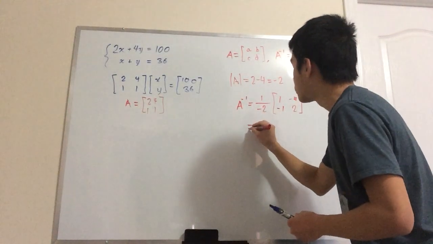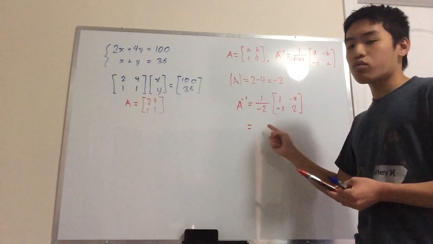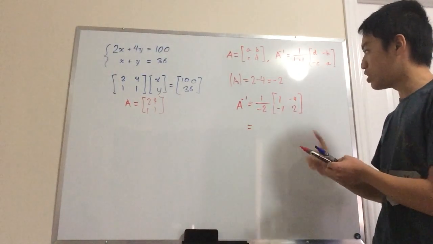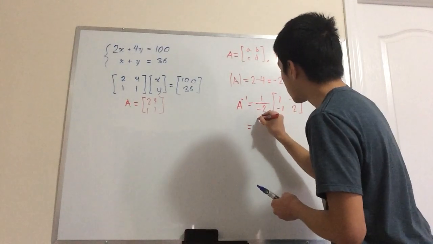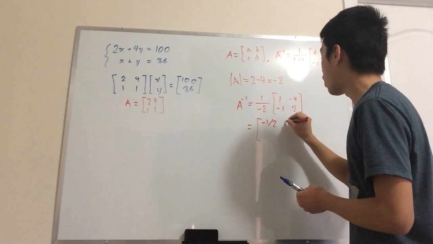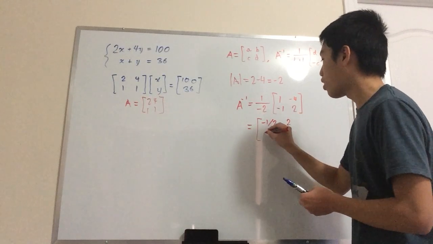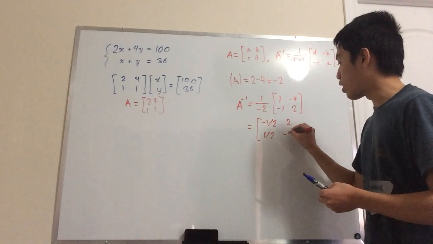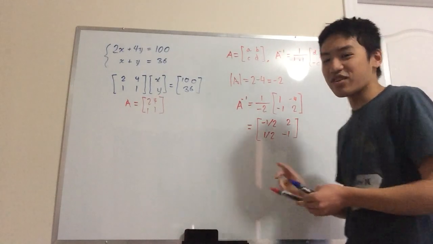Now, because 1 over minus 2 is just a scalar, I'll distribute it inside of this matrix to each entry. So, we're going to end up with minus 1/2, positive 2, positive 1/2, and then negative 1. And here's our inverse matrix.